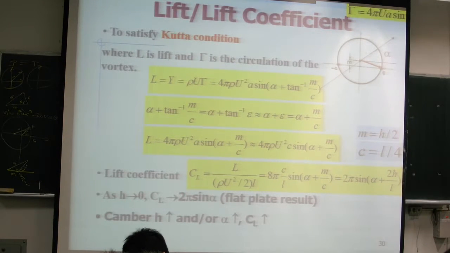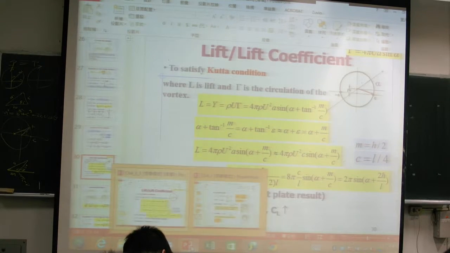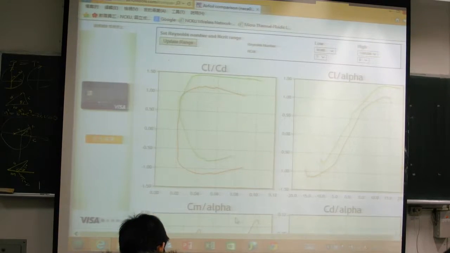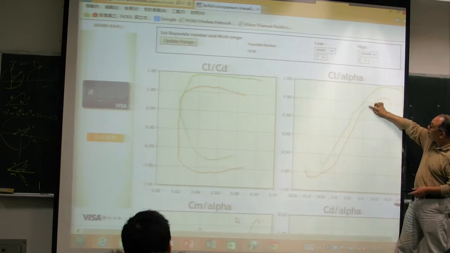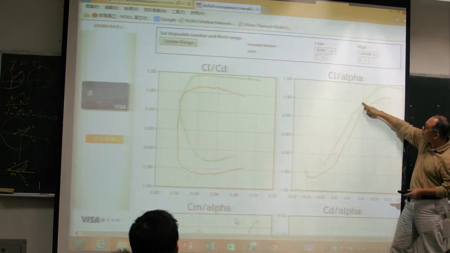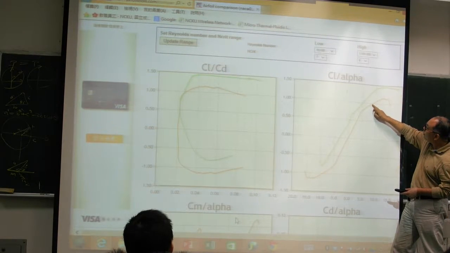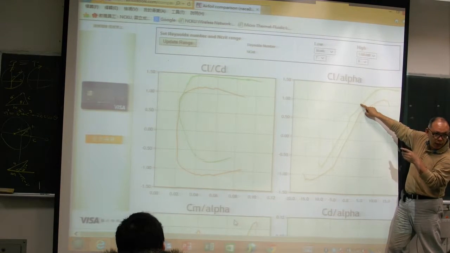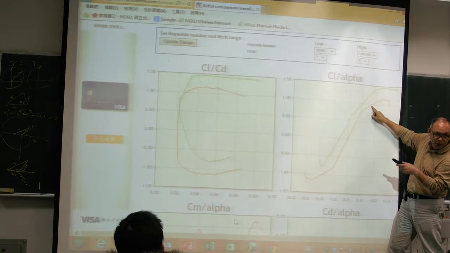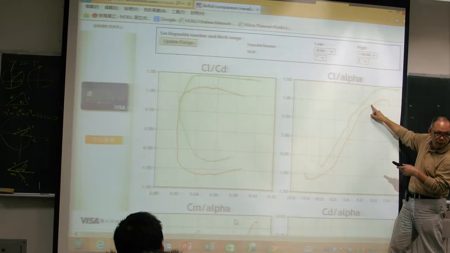You can see our whole line moves upward. If you understand this effect, you can basically understand why it moves upward. For the same lift, this is alpha plus 2h over L, and this is alpha only. So alpha plus the camber effect will be the same as only alpha.